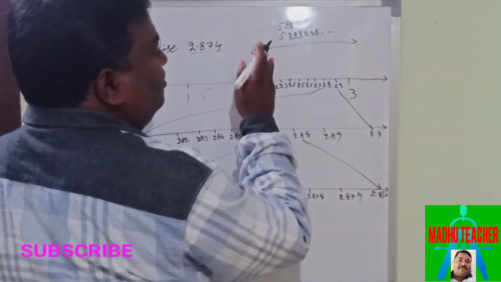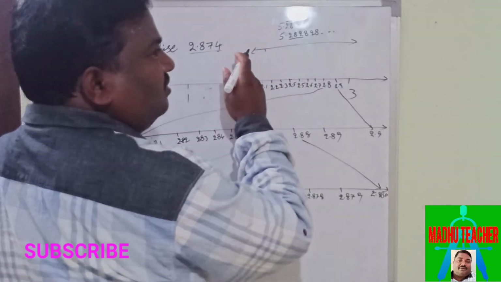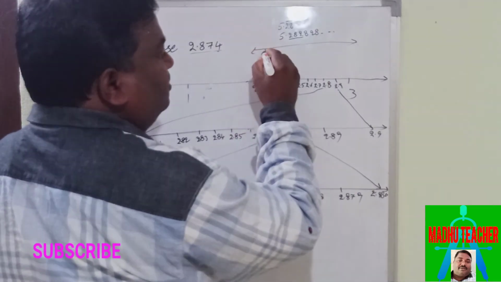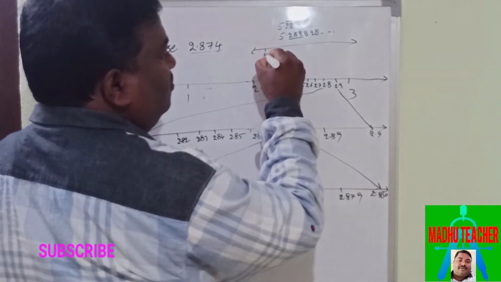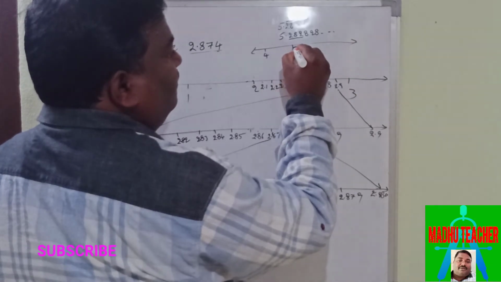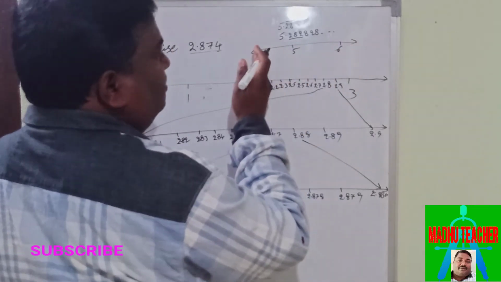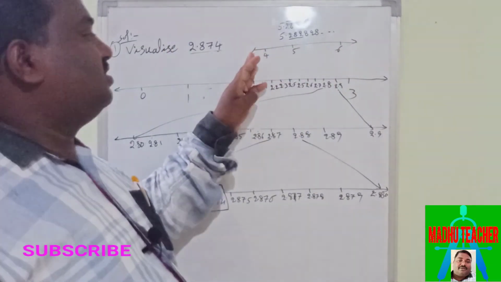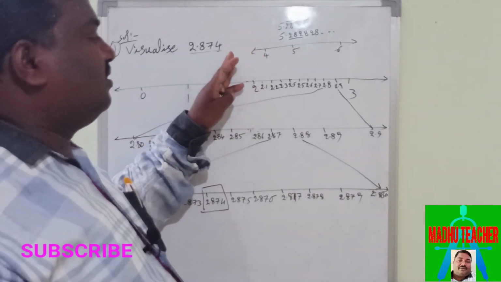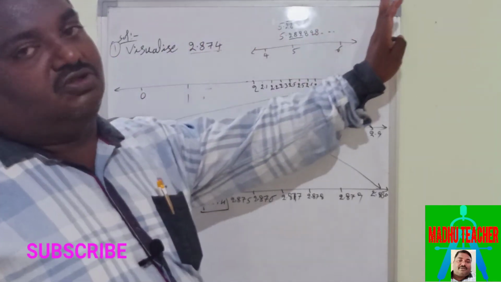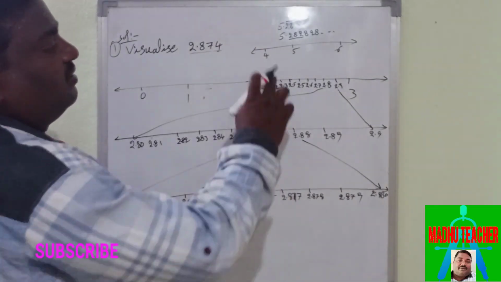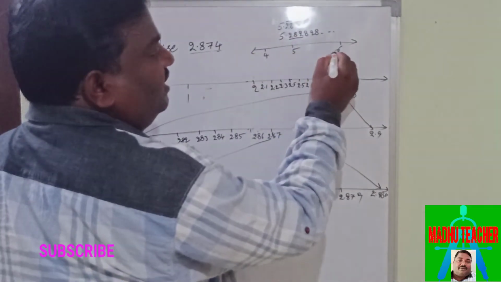On the left side we will have -2, -1, 0, 1, 2, 3 like this. Suppose this is 4, this is 5 and this is 6. So 5.28 lies between 5 and 6.